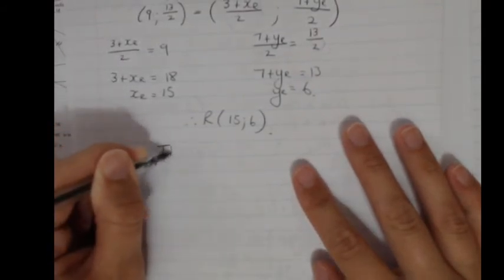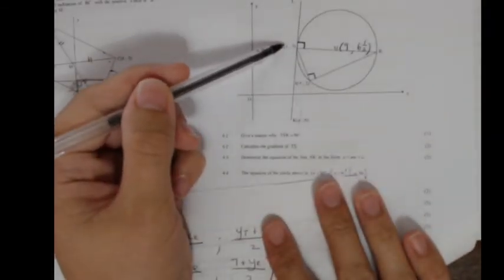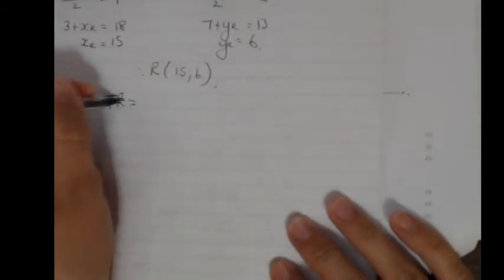4.4.3, the length of TR is going to be, I'm just going to quickly... I have TS. Sorry, I'm trying to calculate TS.